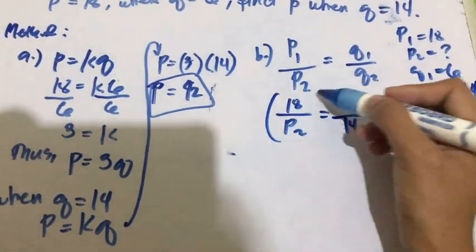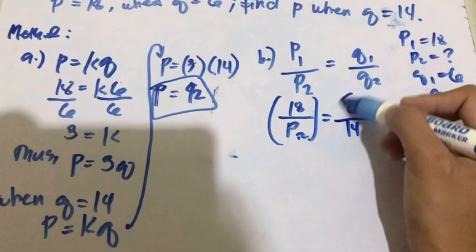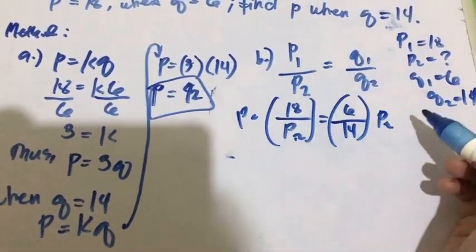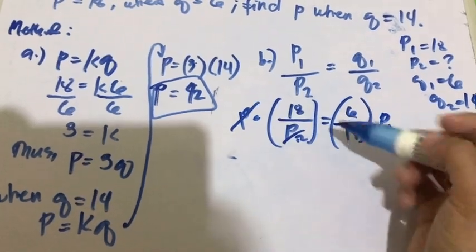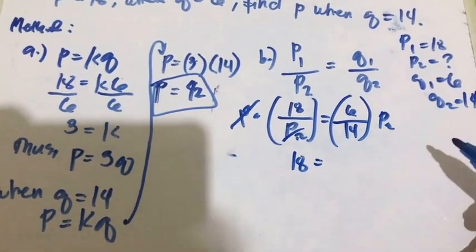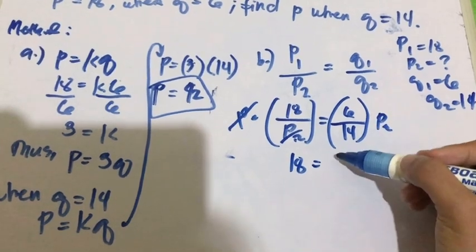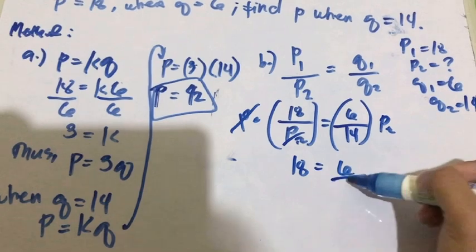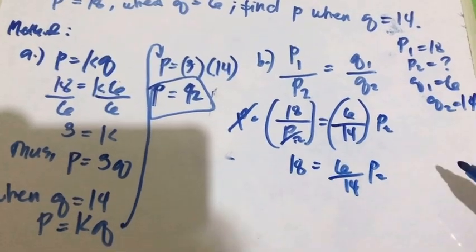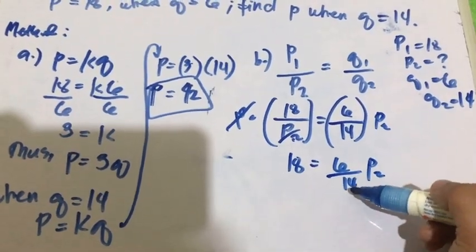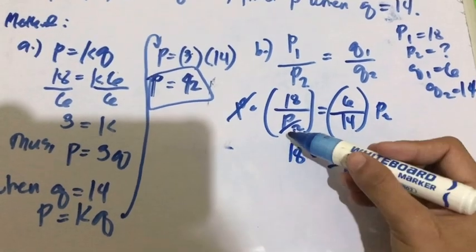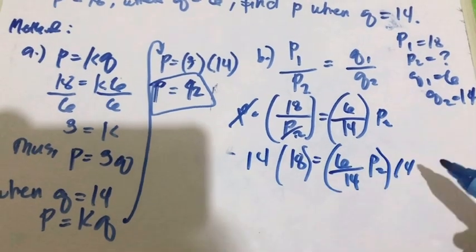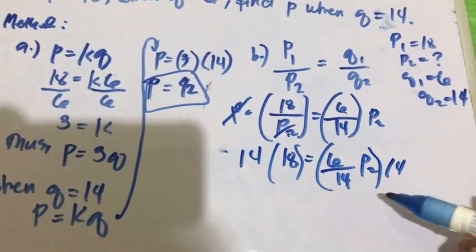Then after that, to bring P sub 2 up, we divide both sides by P sub 2. So this becomes 1, and we have here 18 is equal to 6 over 14 P sub 2. We now have to eradicate 14, so we multiply both sides by 14.